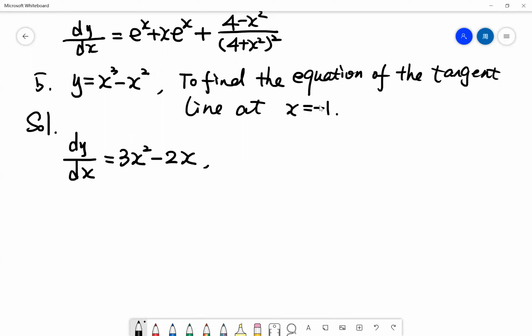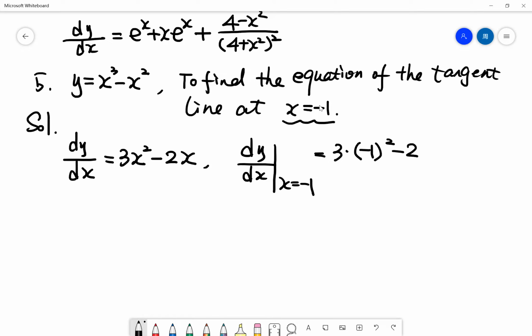And then if x equals minus 1, then the slope equals 3 times (minus 1) squared minus 2 times minus 1.